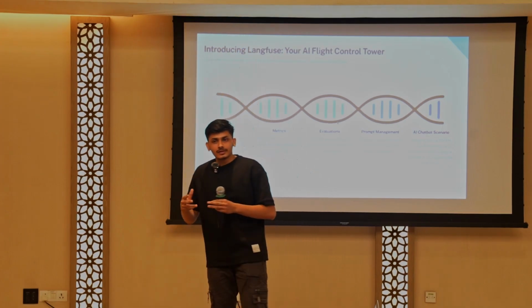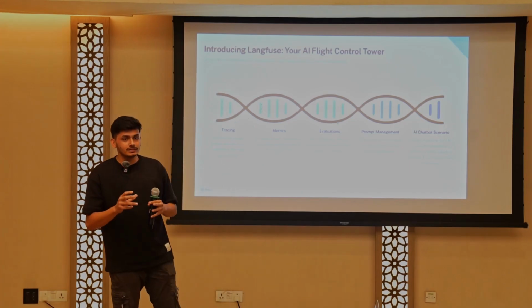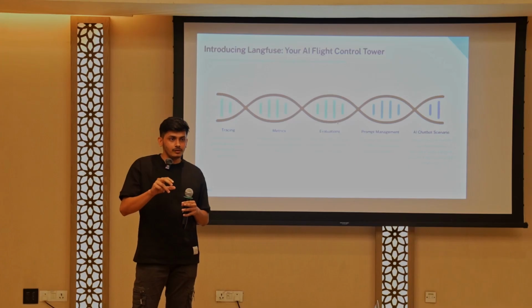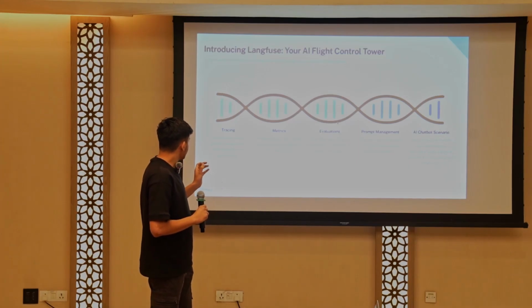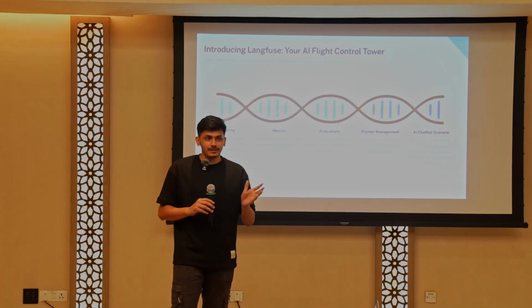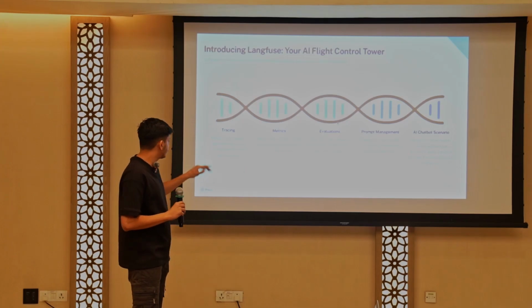Then you are calling it again for summarizing it. So tracing will have observations which you can add in your application, and you will have the input and output of your application. I will show you what tracing is in the dashboard also.